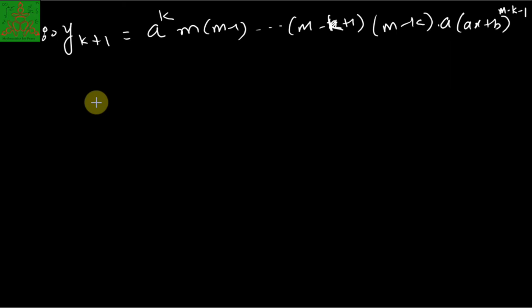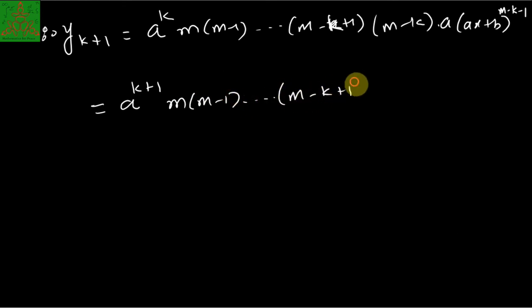This can be rewritten in the form of a^(k+1) m(m-1) up to (m-k+1) as it is, and this (m-k) I can rewrite as (m-k+1) minus 1. So I've added 1 and subtracted 1 from this.